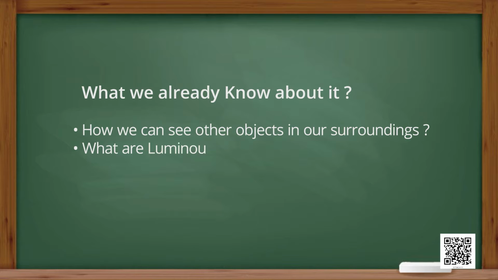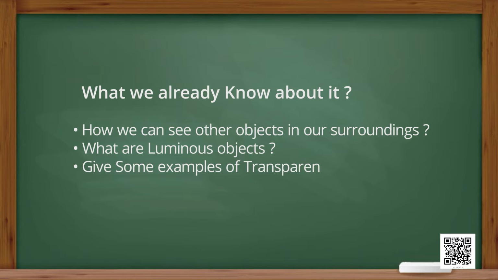What are luminous objects? Give some examples of transparent objects. How are shadows formed? We have studied these things in previous class.